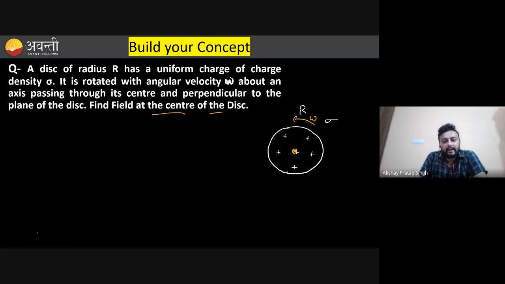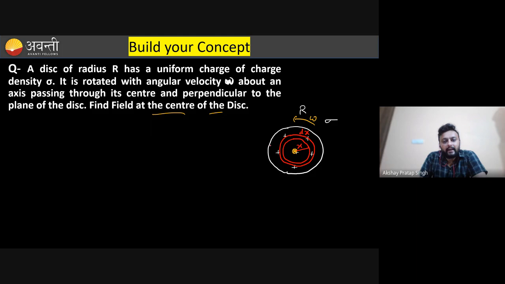For this, let's suppose there is a very small ring like this. Let's suppose its radius is x and thickness is dx.